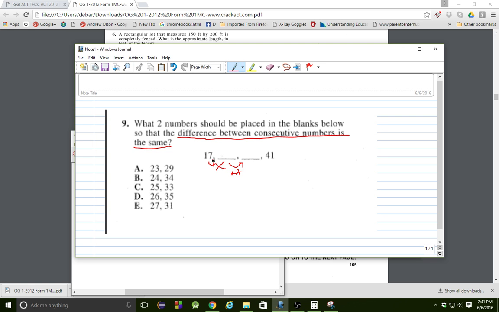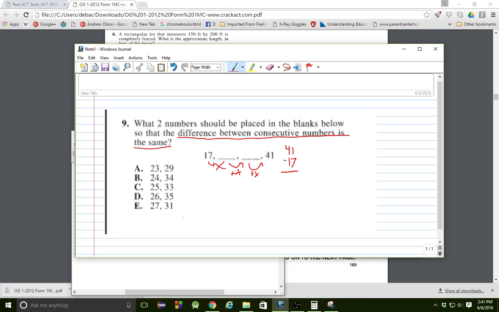So this means that 17 plus 2x equals this, and then 17 plus 3x, because this is the same difference, plus x is 41. So first we got to find 41 minus 17.